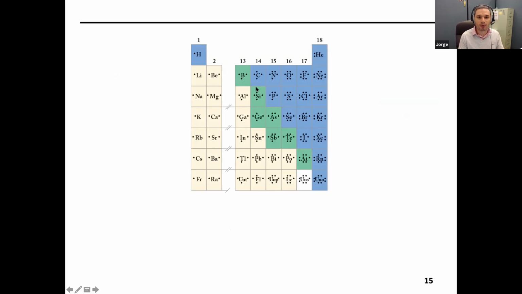So for example, hydrogen, as we saw before, has only one electron. So there is only one dot around the hydrogen. If we move on to helium, now two valence electrons, therefore two dots. If we move on to boron, boron belongs to the group 13.